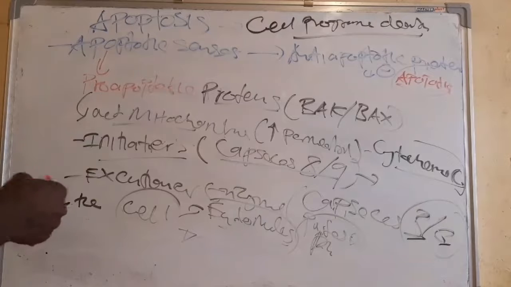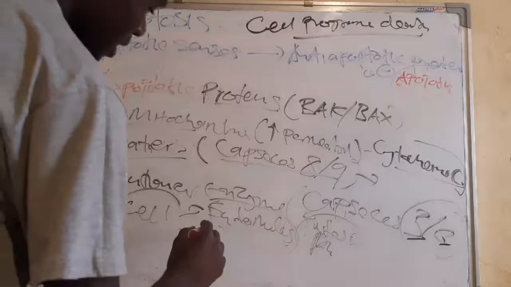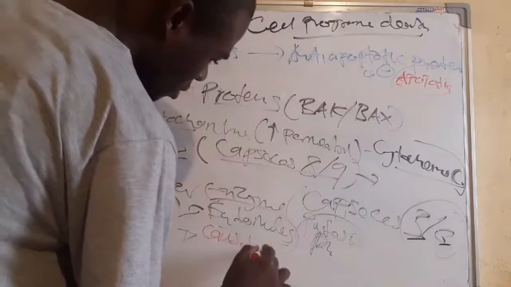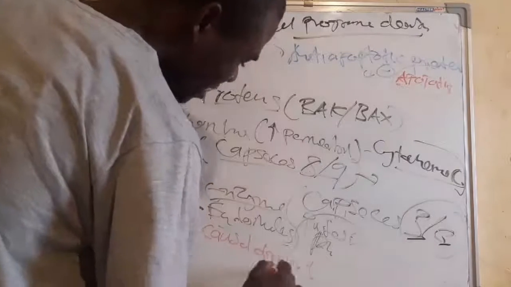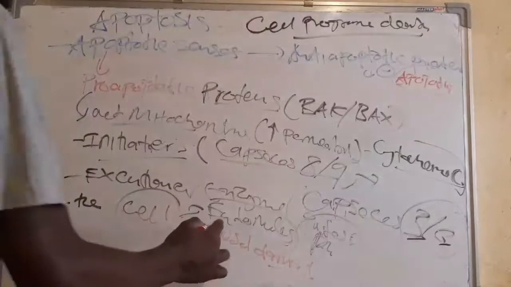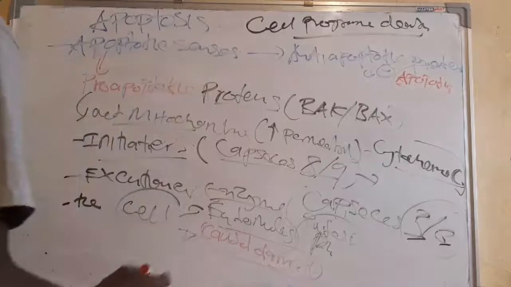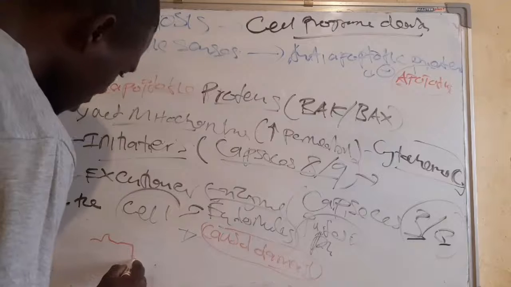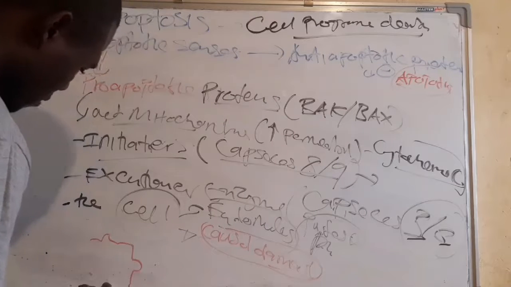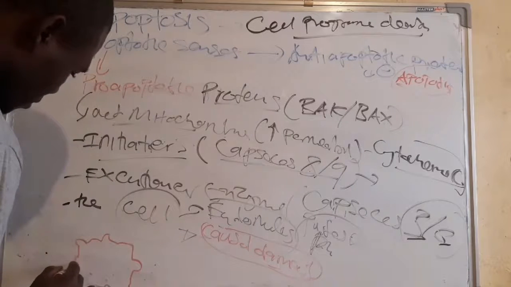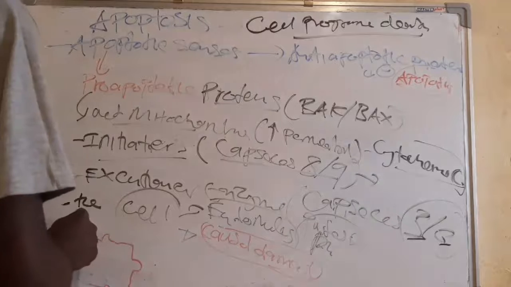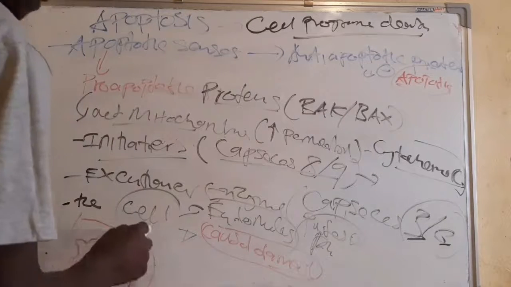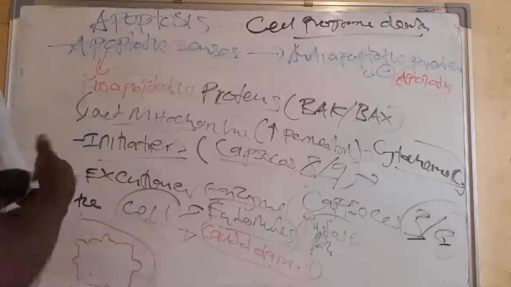They cause damage to the cell by degrading the cell components. After causing the damage, the cell forms blobs. When the cell components have been degraded, destroying them leads to cell death. Then the macrophage comes.